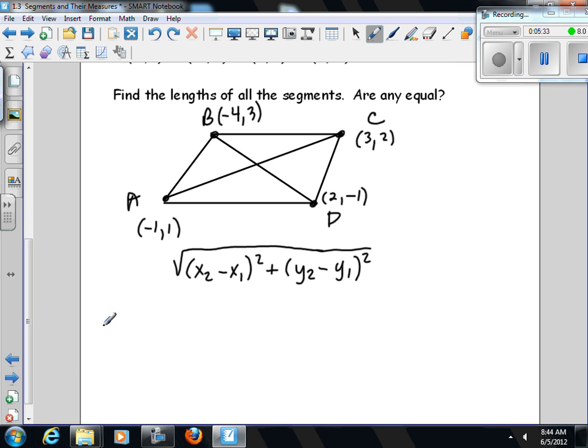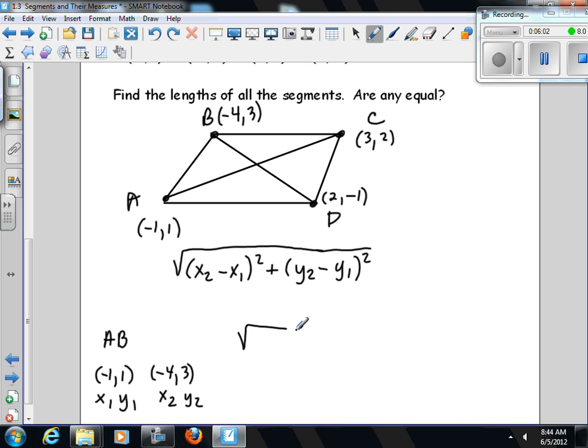Okay, so if we want to find the length of AB, now AB uses the points -1, 1, and -4, 3. Those are the points A and B. So let's label them. First point is x1, y1. I bet you remember this from algebra. Second point, x2, y2.